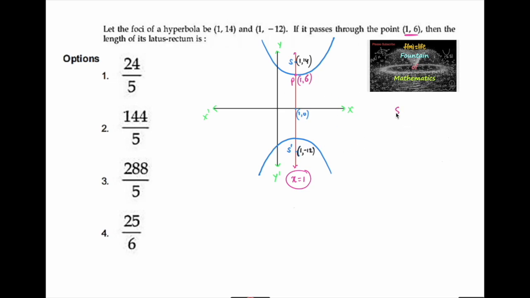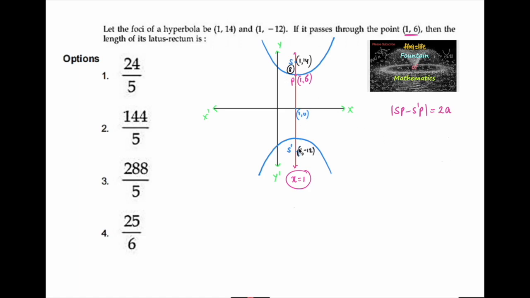And we know that SP minus S dash P is equal to 2A. So we can write the distance between S and P. So 14 and 6, so we can write here 8 units, SP.